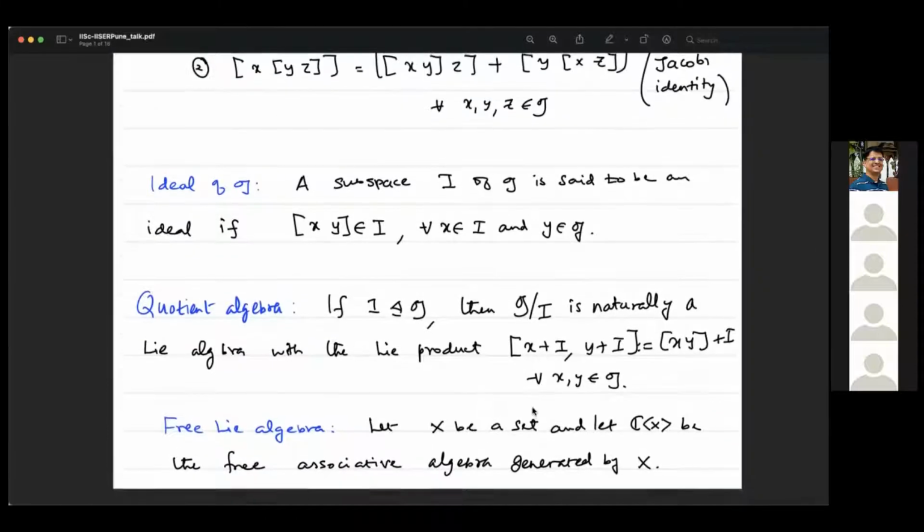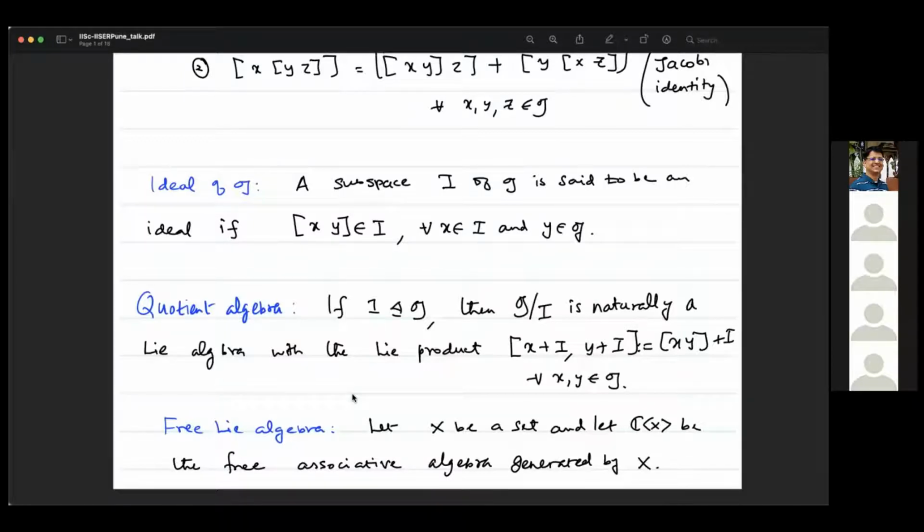Now I will tell you what is the free object in this category of Lie algebras. If you take some set X, then we know how to construct the free associative algebra generated by X. We take all possible monomials coming from this alphabet X. They are non-commutative monomials, and then take the C-span of that.